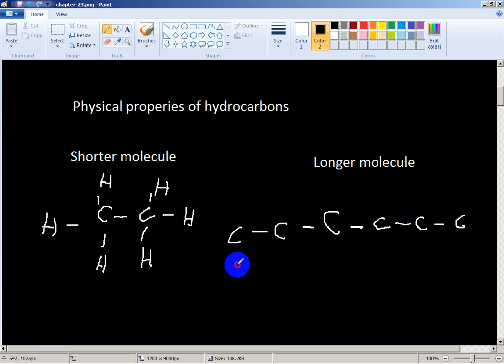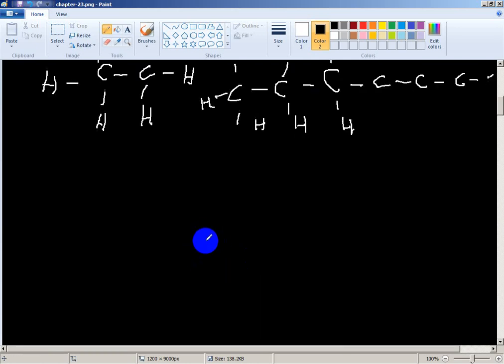This is a longer molecule and this is a shorter molecule.